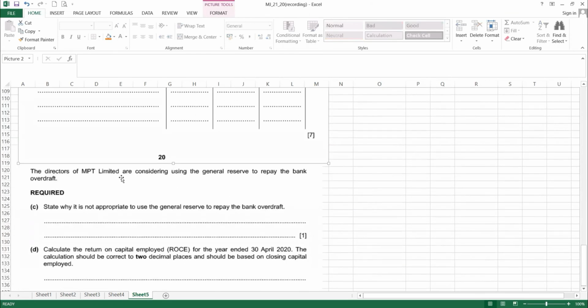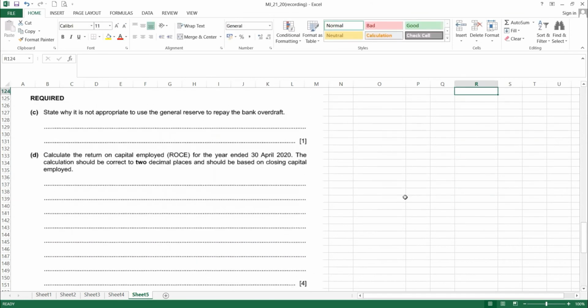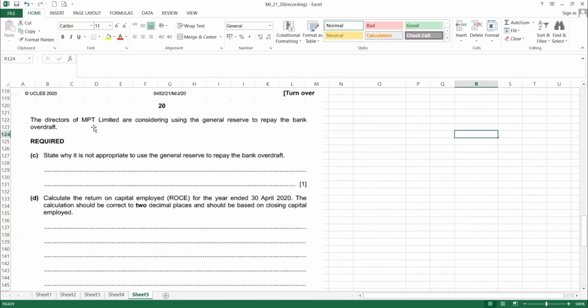Now let's continue with the next one. The directors of MPT Limited are considering using general reserve to repay the bank overdraft. State why it is not appropriate to use the general reserve to repay the bank overdraft.